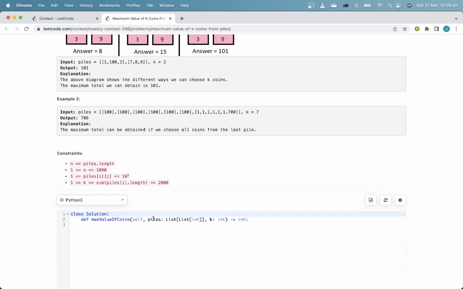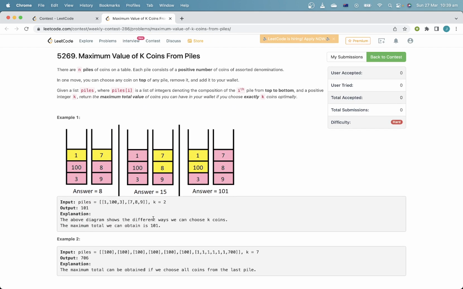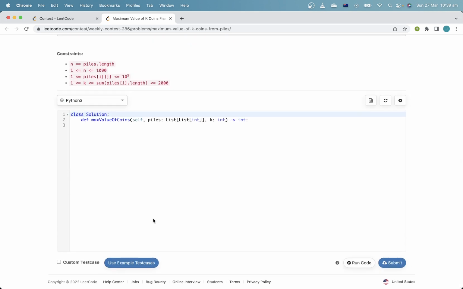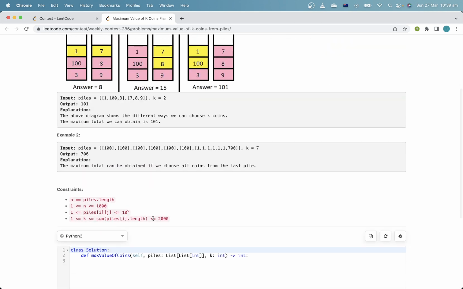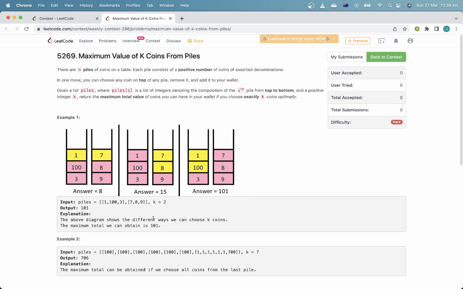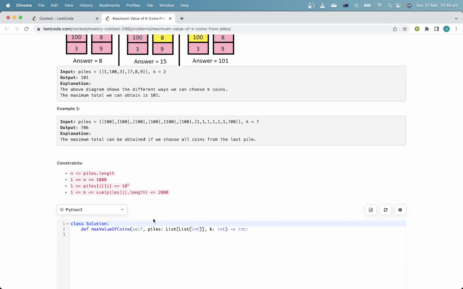Okay, I need to think about this more. Surely there's not like a segment tree or something. I feel like that would time out. I think it's probably this constraint that makes it all right.